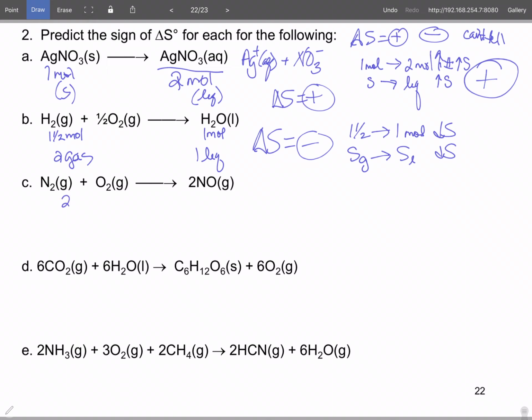So this one has 2 moles going to 2 moles. 2 gases going to 2 gases. This would have 2 bonds to 2 bonds. Okay, none of these really change. So delta S really is not changing much.